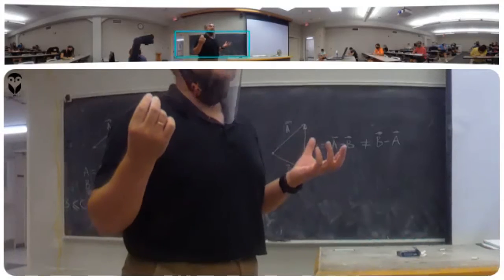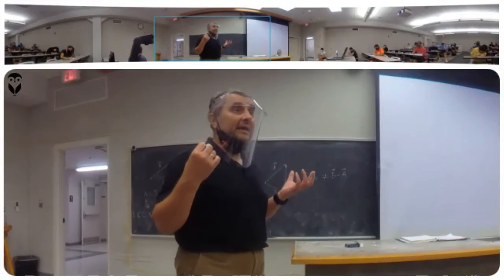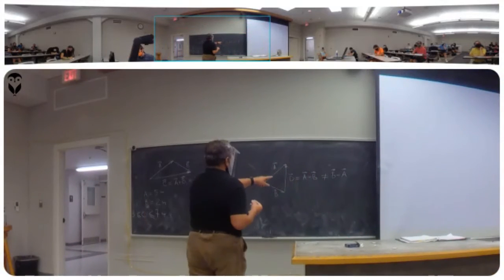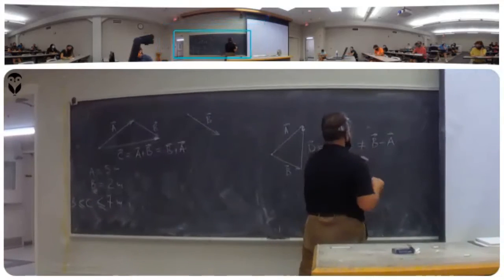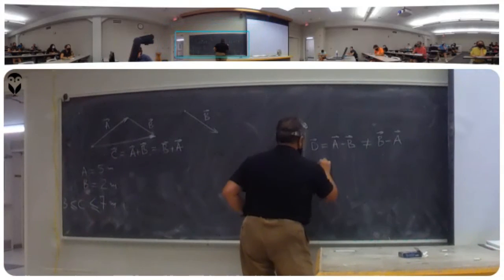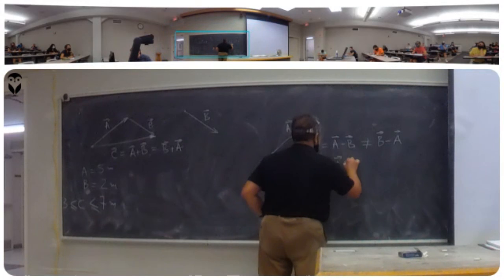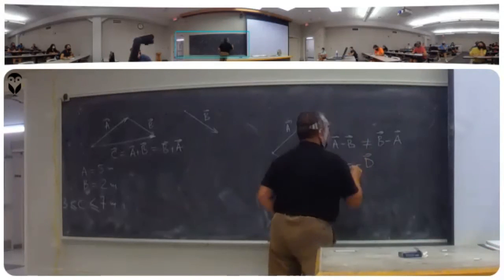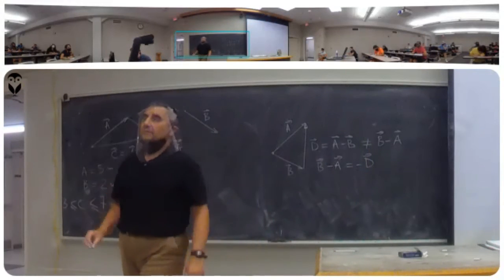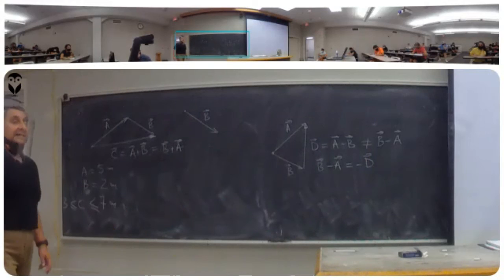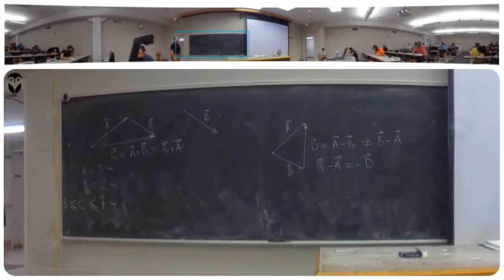But 2 minus 8 is not 6, but negative 6. So B minus A is actually the opposite of vector A minus B. So it is a vector just like it, but in the opposite direction.